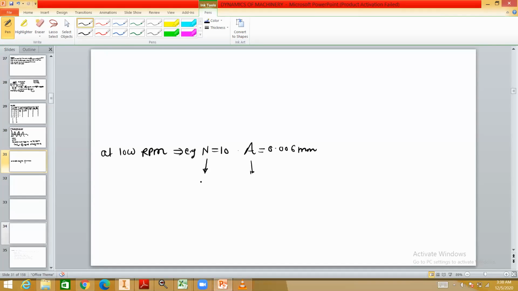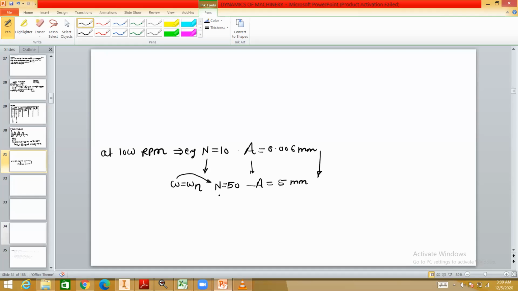Suppose we reach the natural frequency region, that is called the resonance condition, where omega is equal to omega n. For this omega, our rpm n is near about 50. At this 50, we have got the A value as 5 mm. You can see a drastic change from 0.006 to 5 mm.